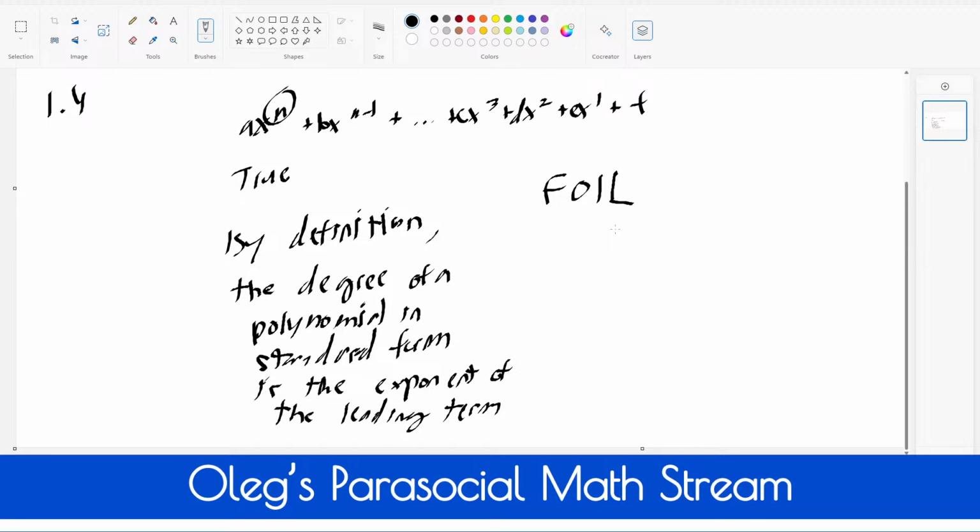So we're going to say first terms, then we're going to say, right, let's see here, outer terms, then we're going to say inner terms, then last terms.